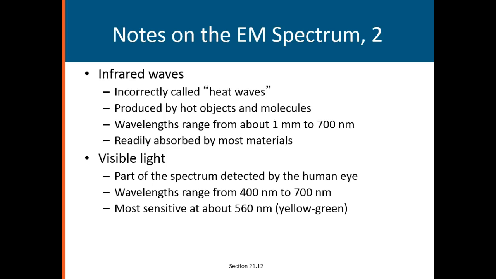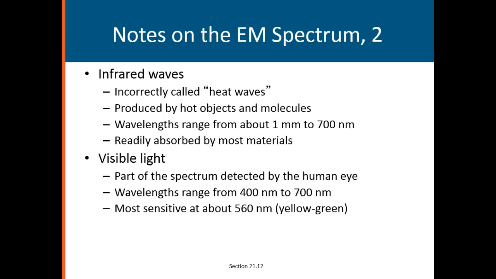Infrared rays are incorrectly called heat waves. I just incorrectly called them that. They're produced by hot objects and molecules. The wavelengths range from about 1 millimeter to 700 nanometers. That goes right up into the red visible light. Readily absorbed by most materials.